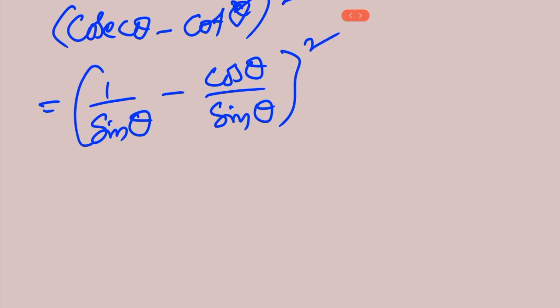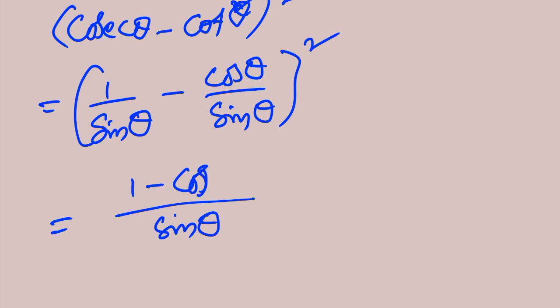Then I simplify inside the bracket, take the LCM, that is sin theta, 1 minus cos theta. The square I can apply for both numerator and denominator now.